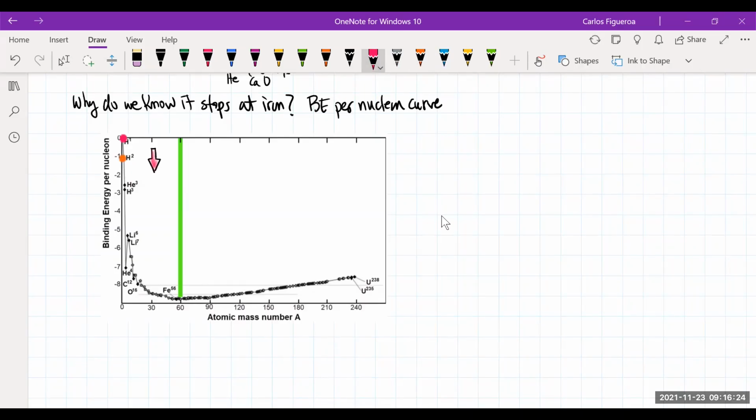I'm going down. And then the next process in the fusion gives me what? Helium 3. And then from helium 3, I go all the way to helium 4. Look what I'm doing. I keep moving down. And as I keep moving down, I'm getting to more and more stable atoms.